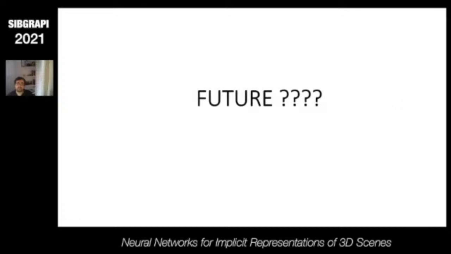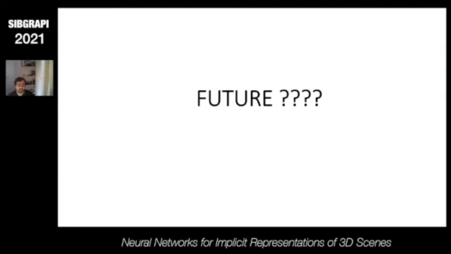Implicit geometric regularization is an important approach for solving the problem of shape reconstruction. Implicit neural representations have been a very active research field, especially since last year. So here, let me suggest some interesting future directions.